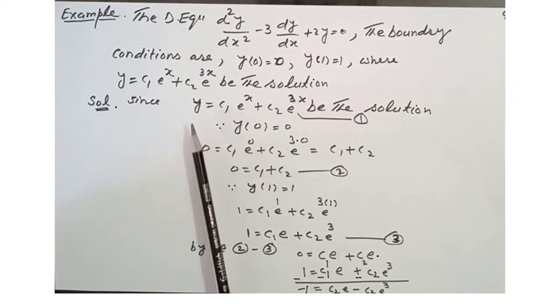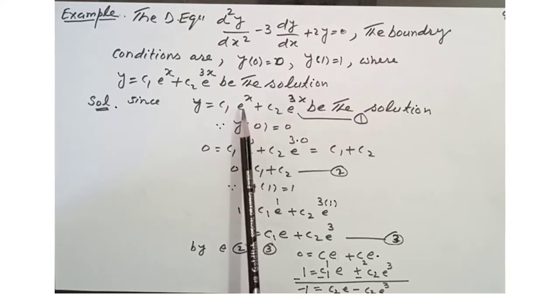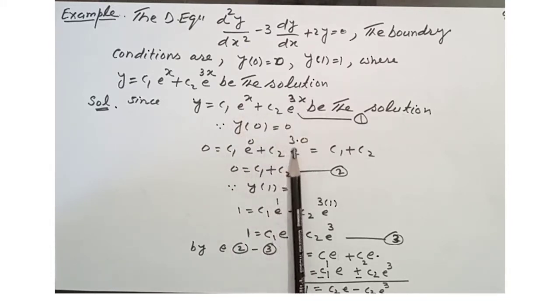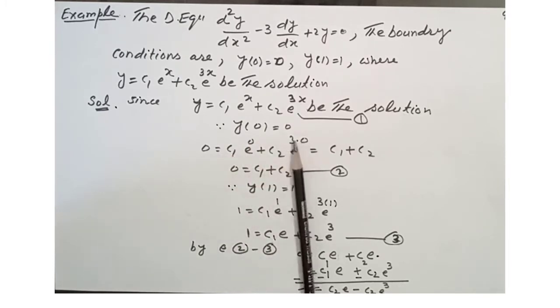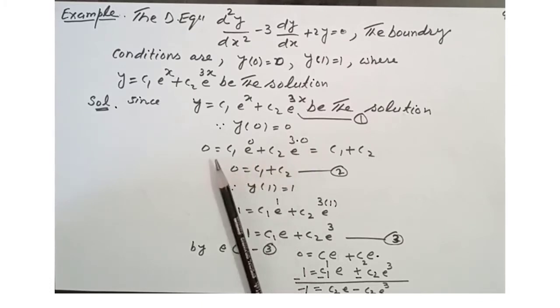So this becomes 0 equal to c1 e^0 plus c2 e^(3 into 0). Here e^0 equals 1, so this becomes c1, and again e^0 equals 1, this becomes c2. So 0 equal to c1 plus c2. We name this equation 1.